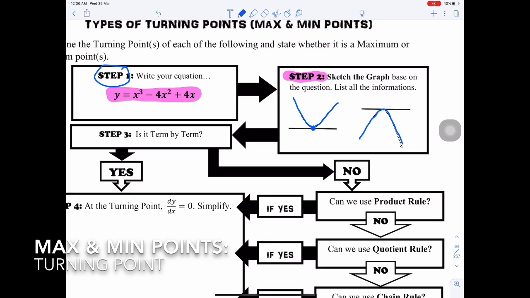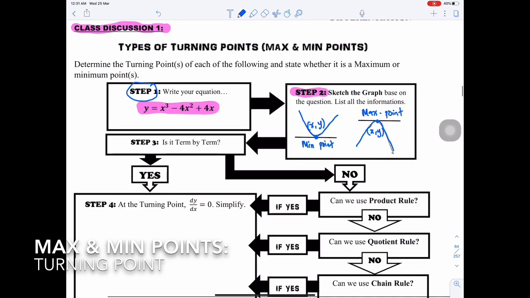The lowest point is what we call the minimum point, and the highest point of the curve is what we call the maximum point. For the x and y of the points, we do not know what the lowest and the highest points are, so that's what we are going to determine.